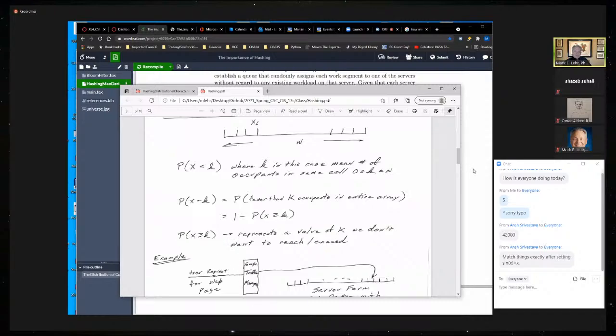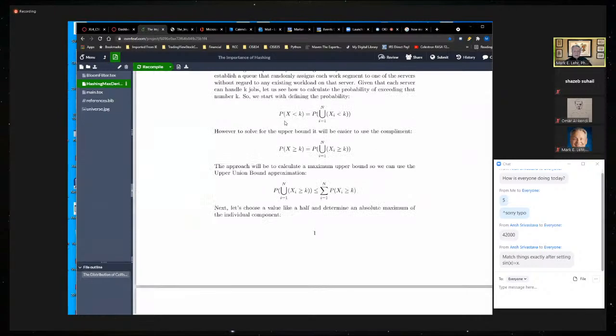So if I go back to Overleaf, what I want to do is calculate the probability that all my servers in this case are less than that maximum that I don't want to hit. So another way to look at this is all servers. So what I want to do is find the union of all of these, each individual server in the data center.